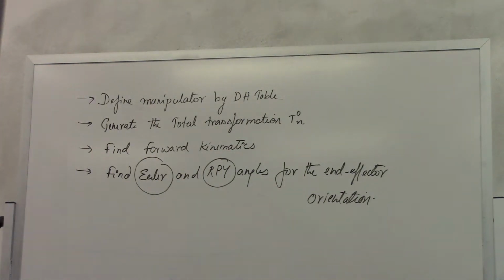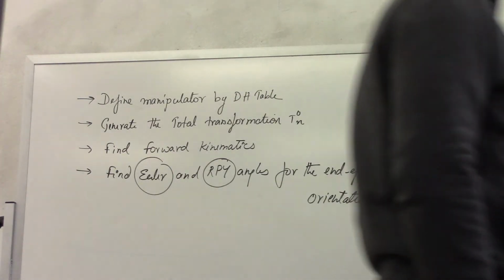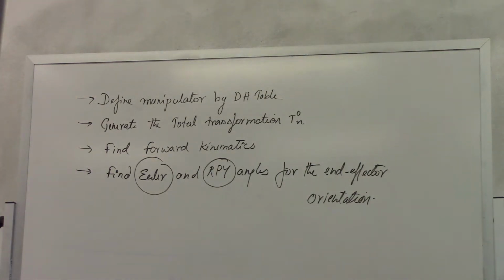So let's start by doing the first step. Define the manipulator. Let's create a DH table for the Stanford manipulator. Let's generate the DH table and we'll do the rest one by one. Let's create a new script.